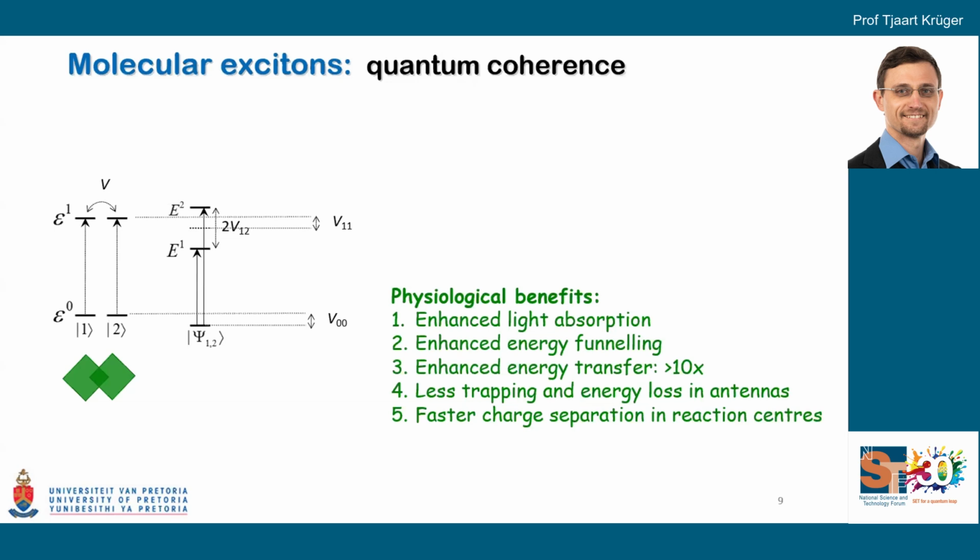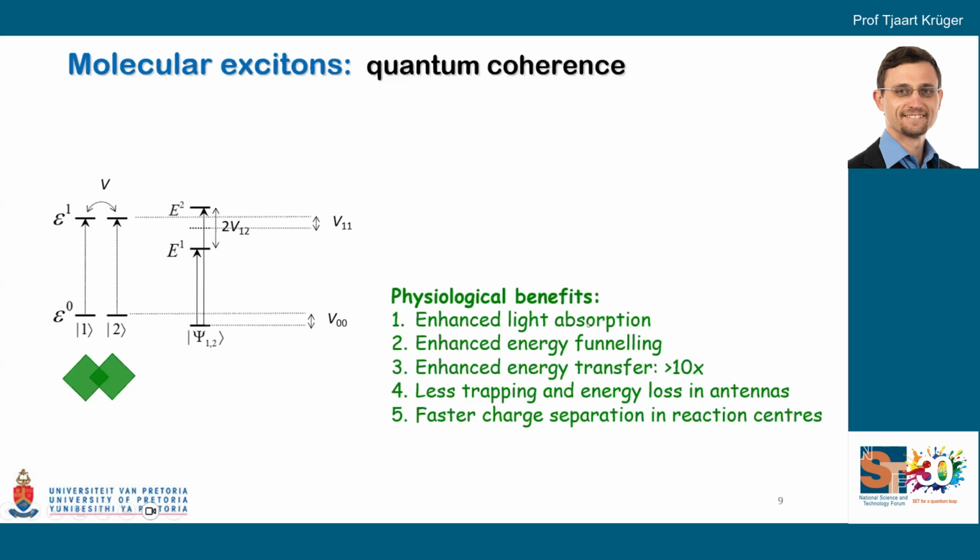Energy transfer is much more enhanced. And the excitation is also not lost. So once you have this absorption, this energy is going to be used for photosynthesis. So there's going to be much less trapping and energy loss inside the antennas. And lastly, there's also faster charge separation in the reaction center. So this is another step that ensures that the absorbed energy is going to be used for photosynthesis.